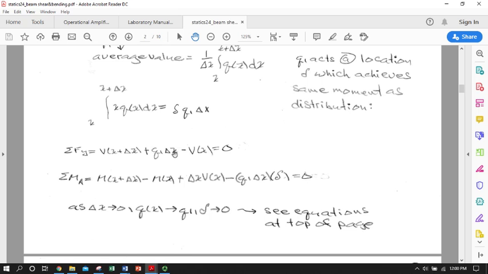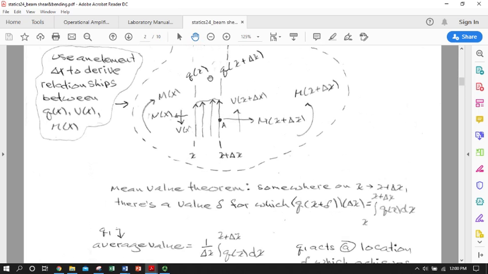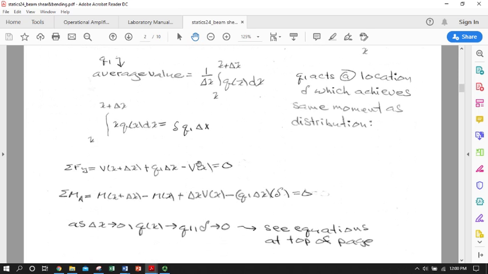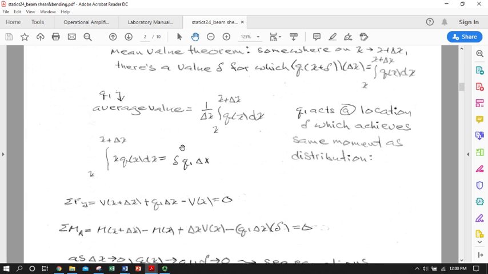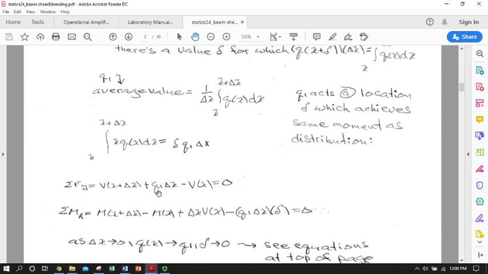So that gives us a force, and it's heading up, minus the shear force evaluated at point x, which was heading down. So this gives a little bit of insight into how this average value is working. Okay, those all sum to 0.